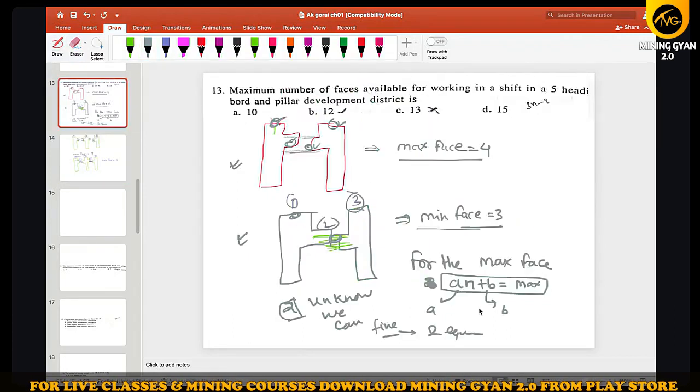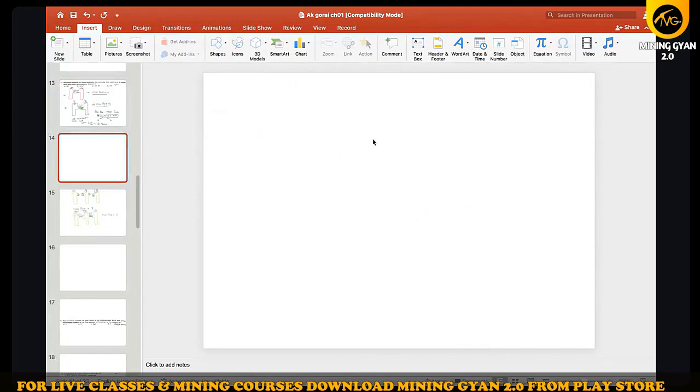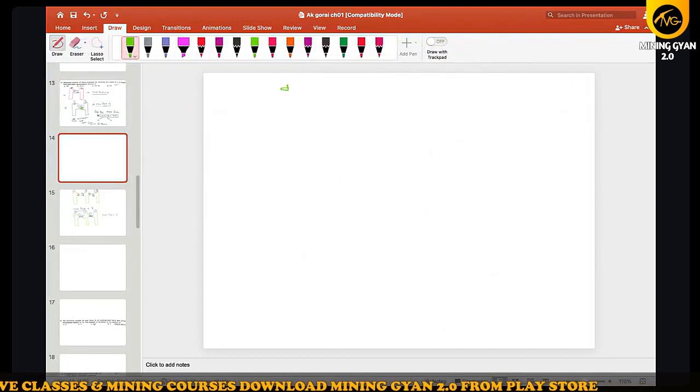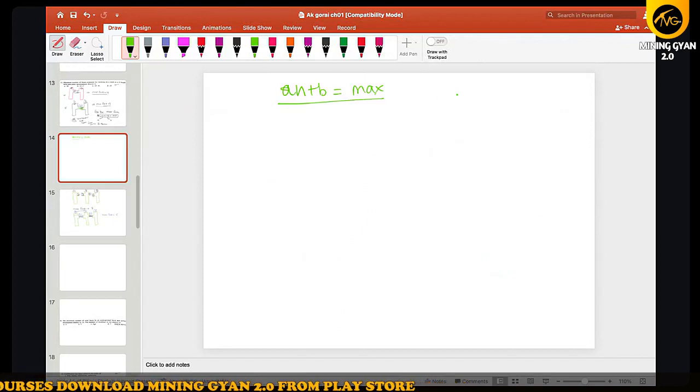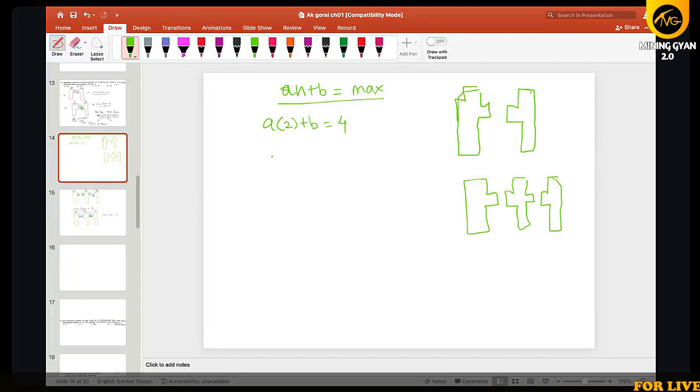तो इसमें क्या करेंगे, कि फर्स्ट an plus b equal to maximum phase कंसिडर कर रहे हैं, तो फर्स्ट टू हेडिंग वाला केस लेते हैं। उसमें कितना आया मैक्सिमम फेस? मैक्सिमम फेस आया था 4, तो 2a plus b बराबर 4। और अगर 3 हेडिंग मान रहे हैं, देन 3a plus b equal to 7.